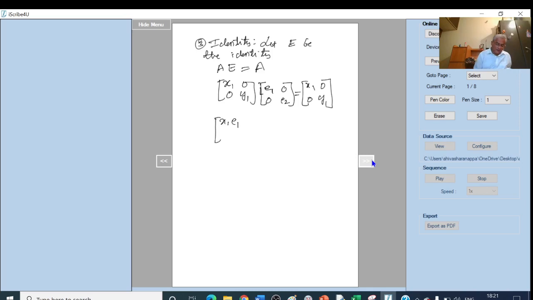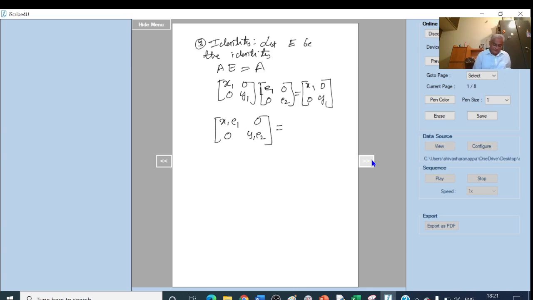First row second column is 0 plus 0, which is 0. Second row first column is 0 plus 0, which is 0. Second row second column is 0 plus y1 e2.